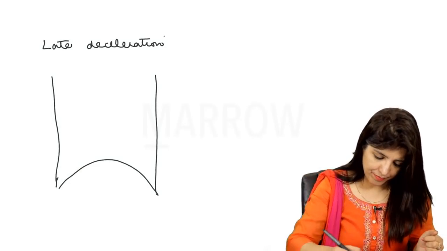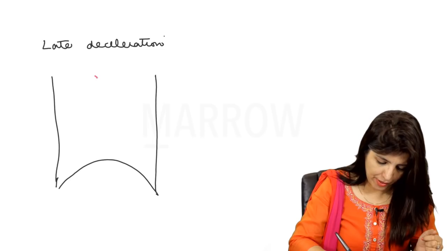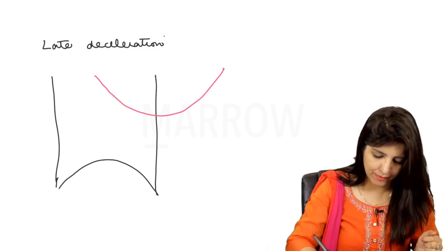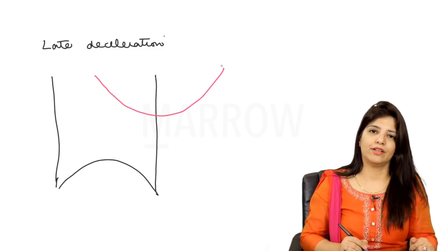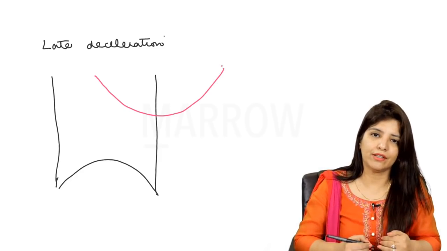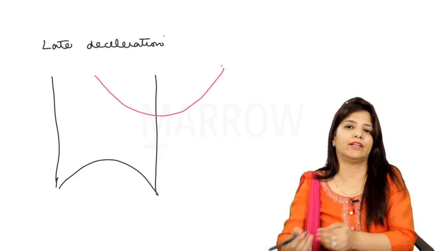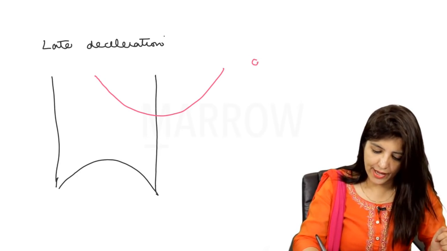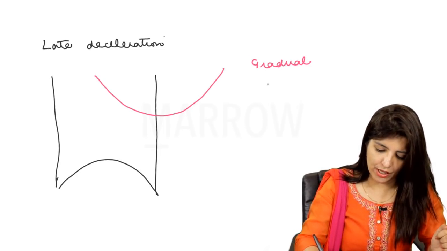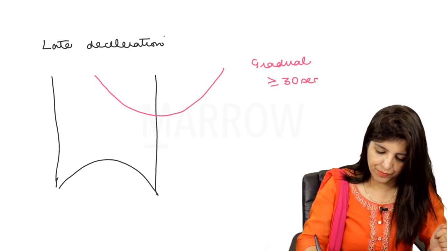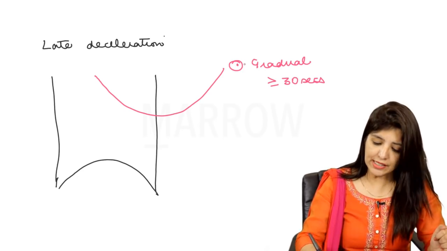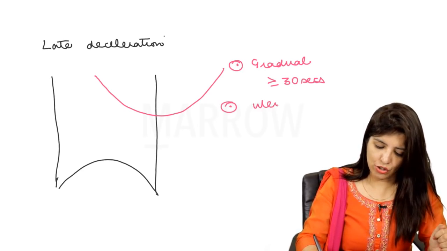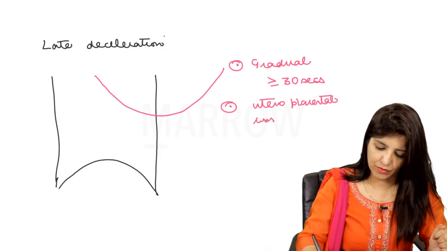So let's see here. The dip in fetal heart rate will be like this, right? It is beginning later and it is ending later than the uterine contractions. Again, it is gradual. It is taking more than 30 seconds. Late deceleration is seen in uteroplacental insufficiency.